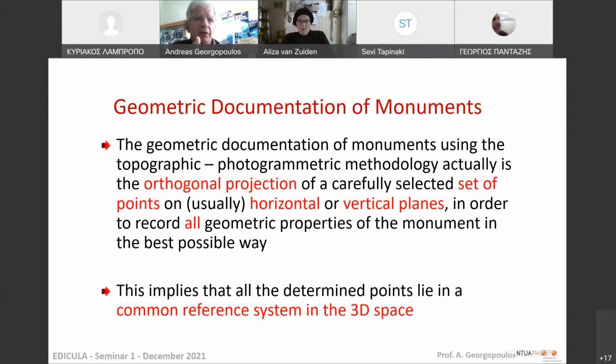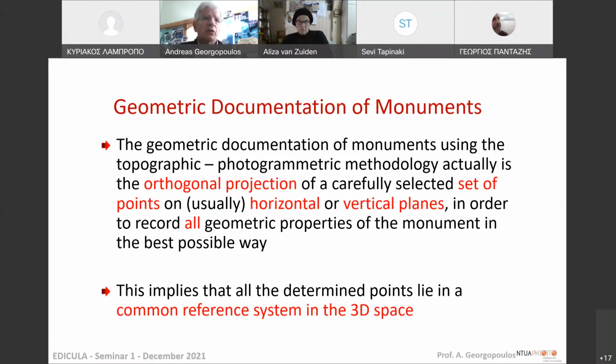These are the drawings, okay? And I mean the 2D drawings that we know so far that constitute the geometric documentation of a monument.